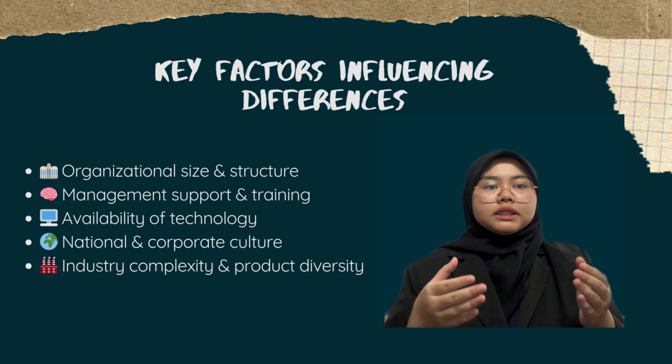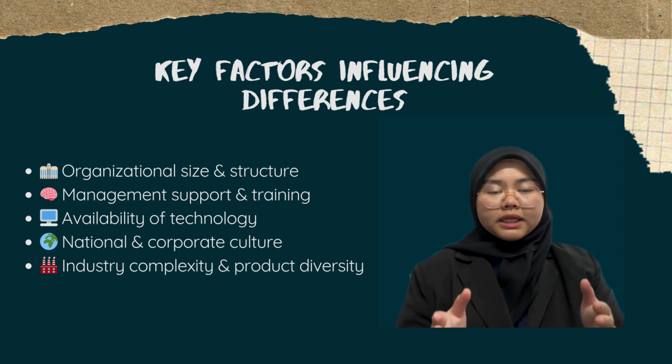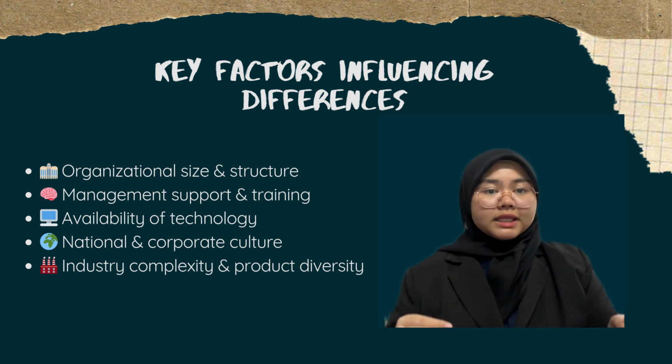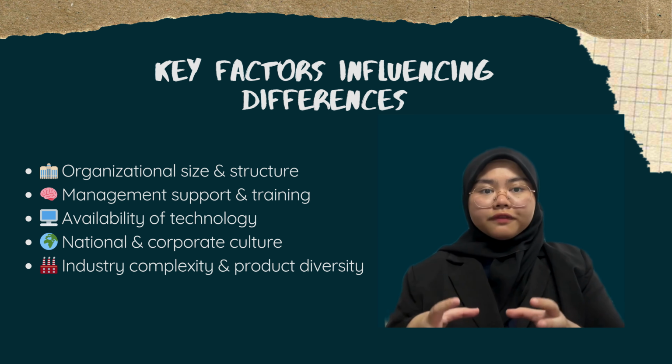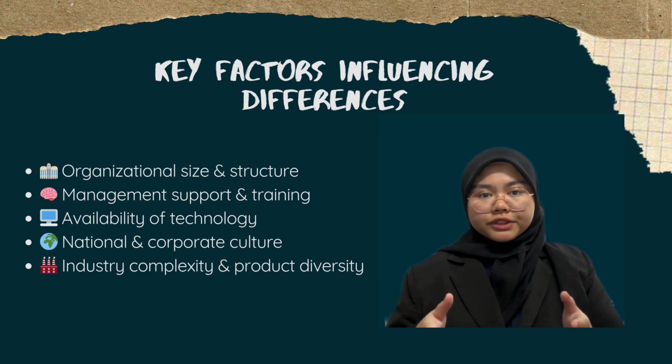And also, the availability of technology in America is not the same as in Malaysia or any other Southeast Asian country. Therefore, these are the factors that influence the differences in the adaptation of activity-based costing in these countries. That's why this system varies from country to country and industry to industry.